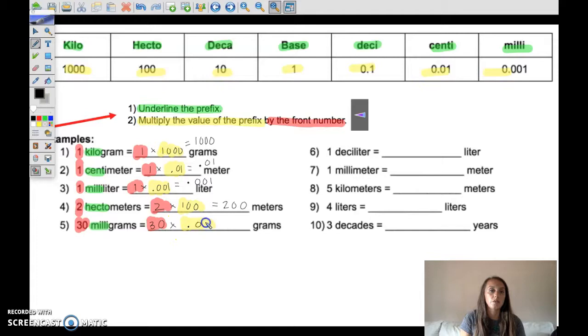So 0.001, because a milli is 1/1000th of something. So if I take out my calculator and punch in 30 times 0.001, I get an answer of 0.03. So 30 milligrams is 0.03 of a gram.